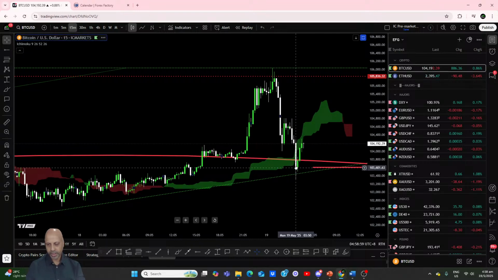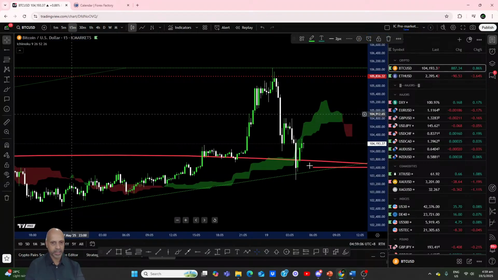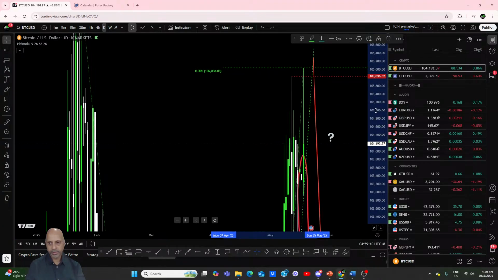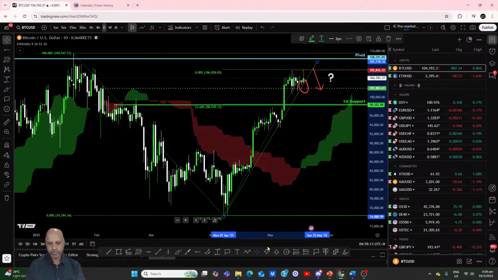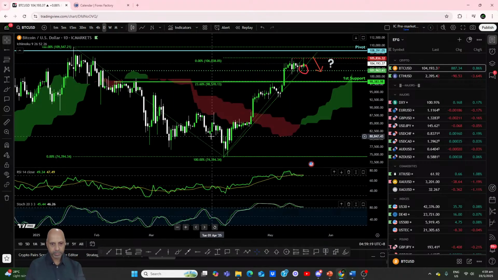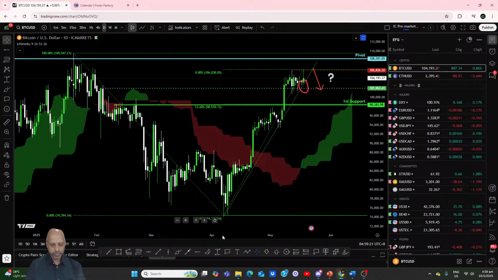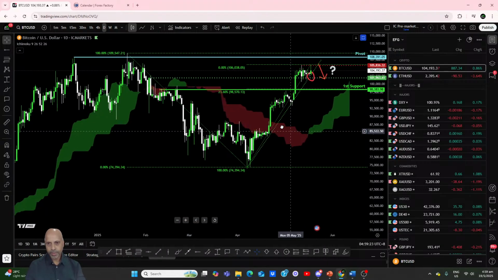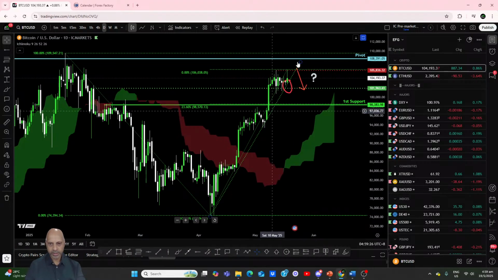However, if it does break under 103,600, this is where you should be a little bit worried, especially if it breaks through the ascending trend line, which I've mentioned here as well. So take note of this area here, which is the intersection between the ascending trend line and the intermediate overlap support at 101,963.